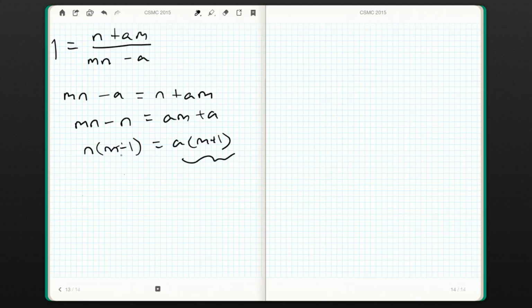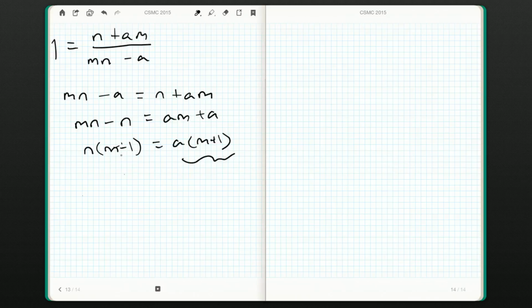But where do we go from here? Well, let's suppose that I did use a equals n(m minus 1) over (m plus 1).